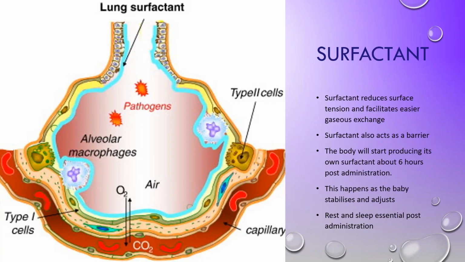So we're back to surfactant. Surfactant reduces the surface tension and facilitates easier gaseous exchange. Now, we often see RDS in trauma, and we are now seeing it as well in COVID.